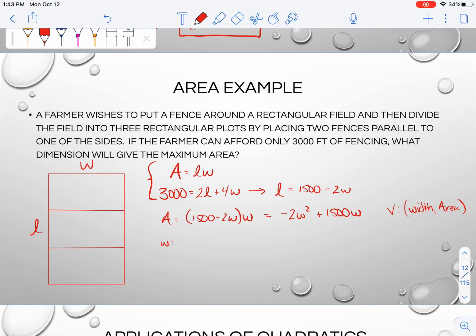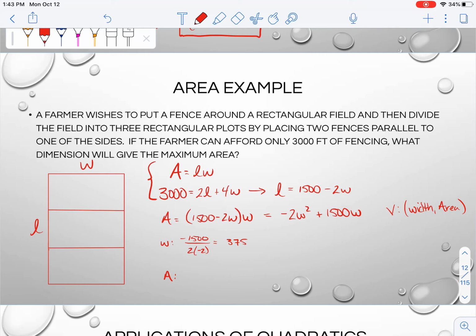So let's find my input, or my W dimension. It's going to be the opposite of B over 2 times A. 1,500 divided by 4 is going to come out to 375 feet.